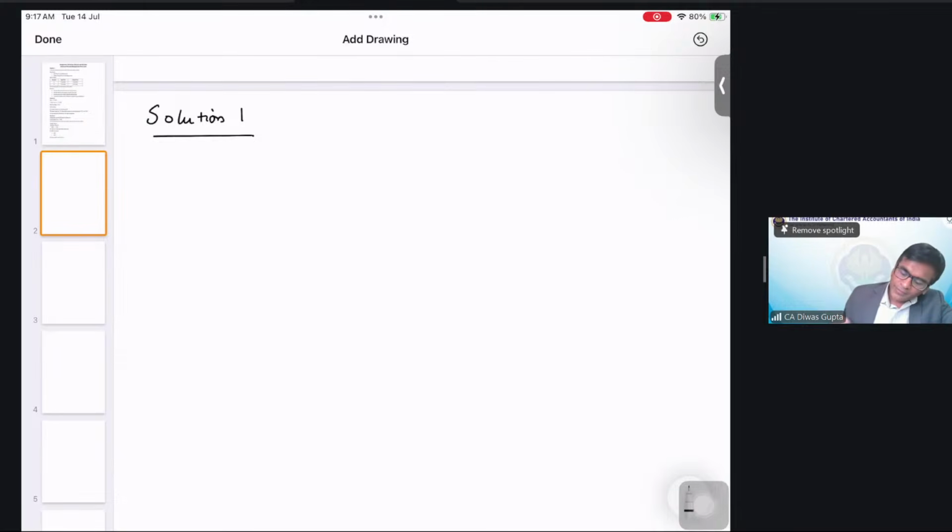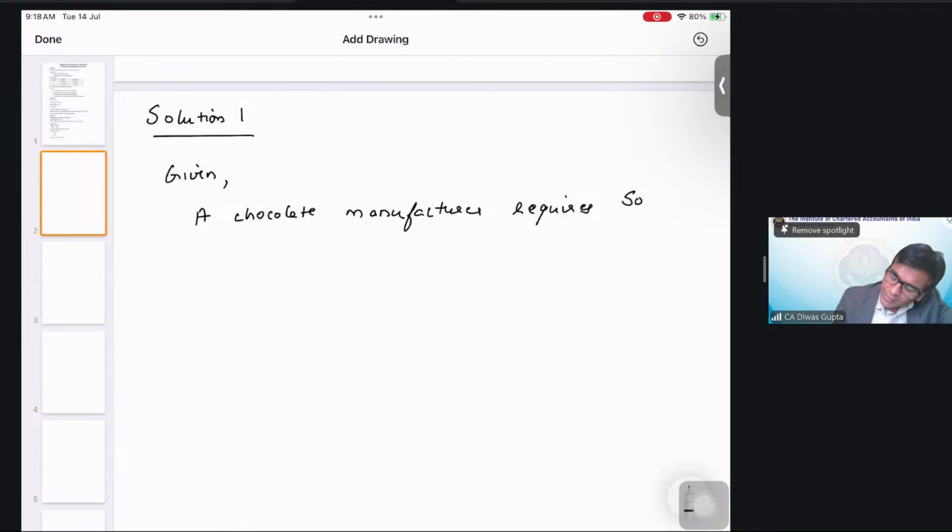Now, first of all, it is given that a chocolate manufacturer requires 500 tons of cocoa after 5 months. Correct?